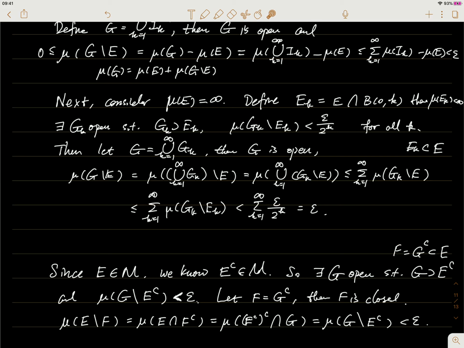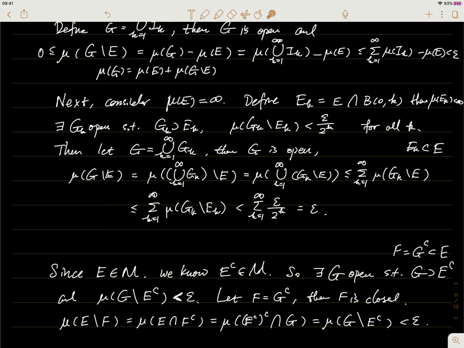Okay, and also the difference between E and F, or E minus F, has a measure equal to, so we said the E minus F is just the intersection of E and F complement, right? And this E can be written as the E complement then complement, the double complement, that would be the E itself, and this F complement is just the G. Then this becomes the intersection of G and the complement of E complement, and that's just G minus E complement.